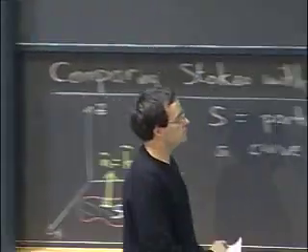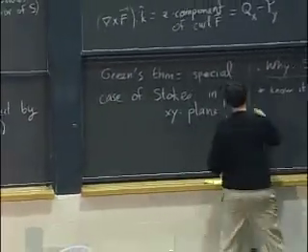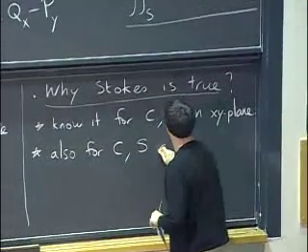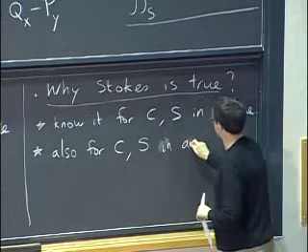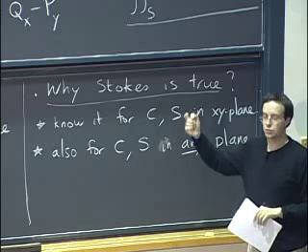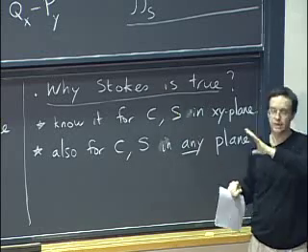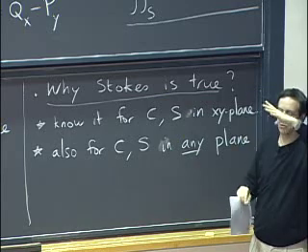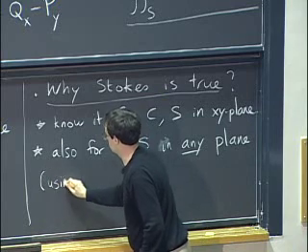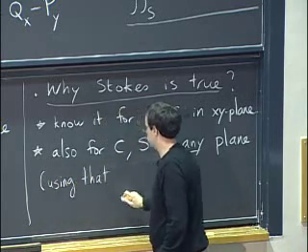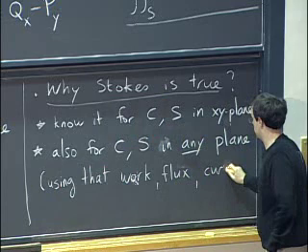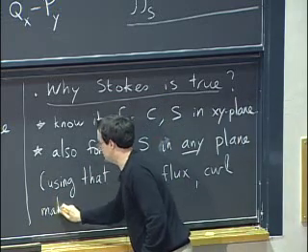So what I'm trying to say is, if C and S are in any plane, then we can still claim that it reduces to Green's theorem. Just it will be Green's theorem not in x, y, z coordinates, but in some funny rotated coordinate systems. So what I'm using is that work, flux, and curl make sense independently of coordinates.